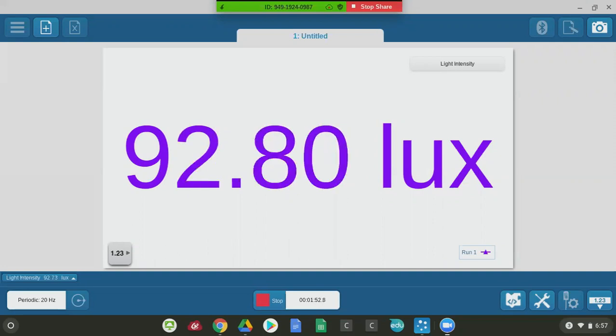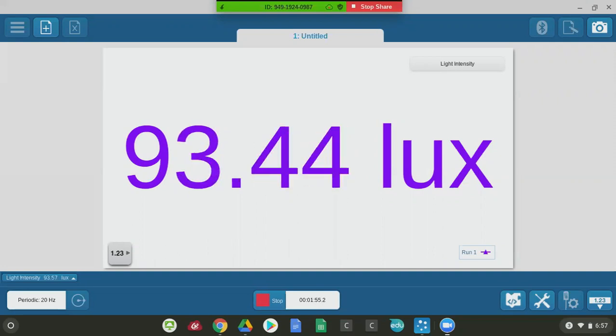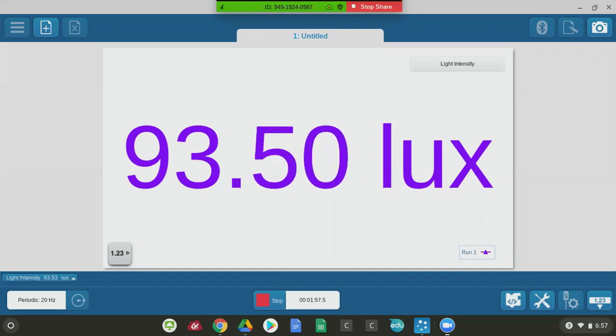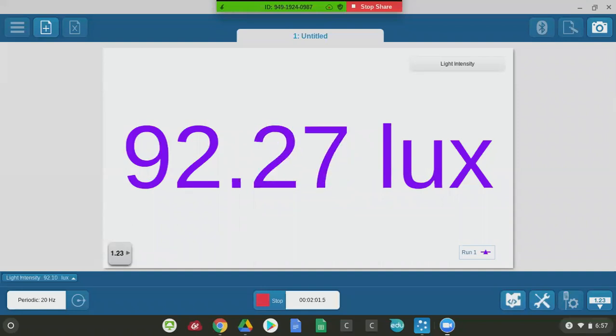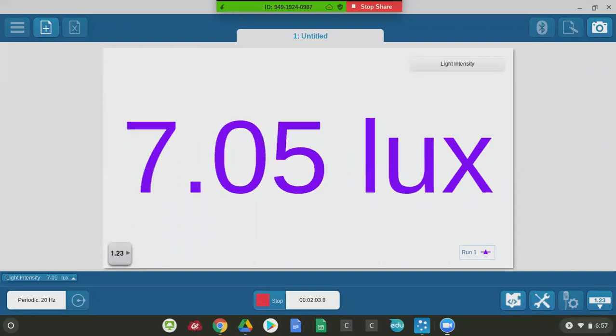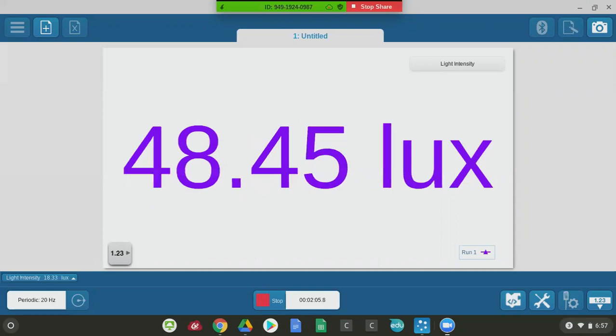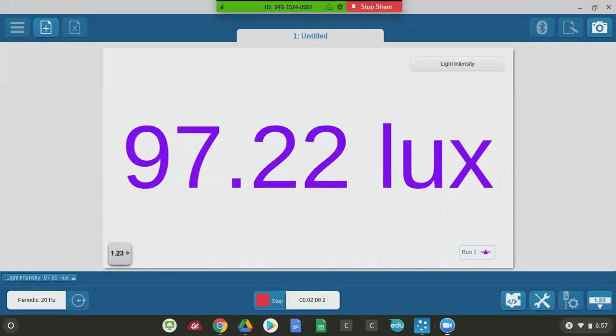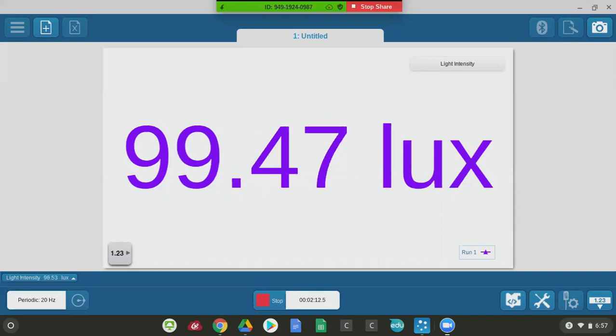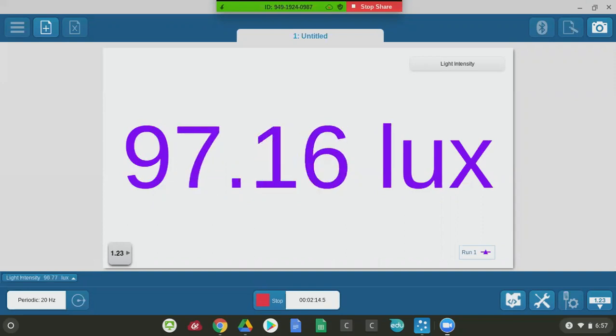I don't remember where we started, but any discrepancies might be due to the fact that I'm not exactly at zero or I wasn't at 180. In fact, I'm going to rotate all the way around to zero once again, just to see for a comparison. So there was our zero, which is, I think, higher than we started.